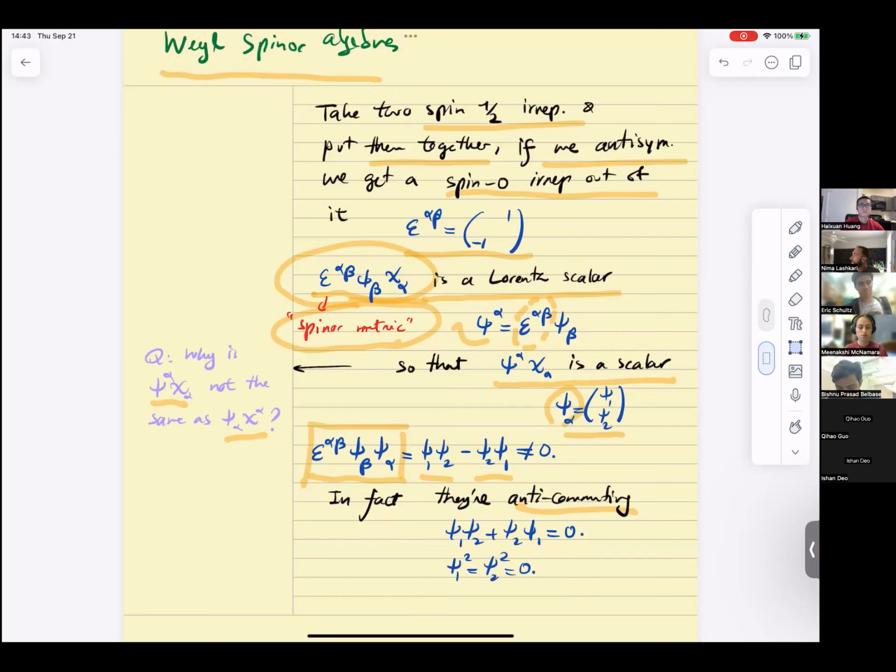Any other questions? By the way, in full honesty, I have to say this. Every time in my whole career I had to do a calculation that involved spinors, I bring all my textbooks and put them in front of me, because the notation is horrendous, and you need to make sure that you get everything right.